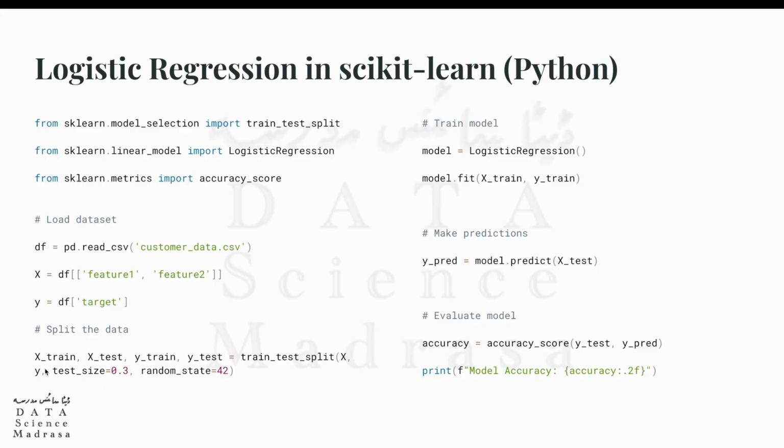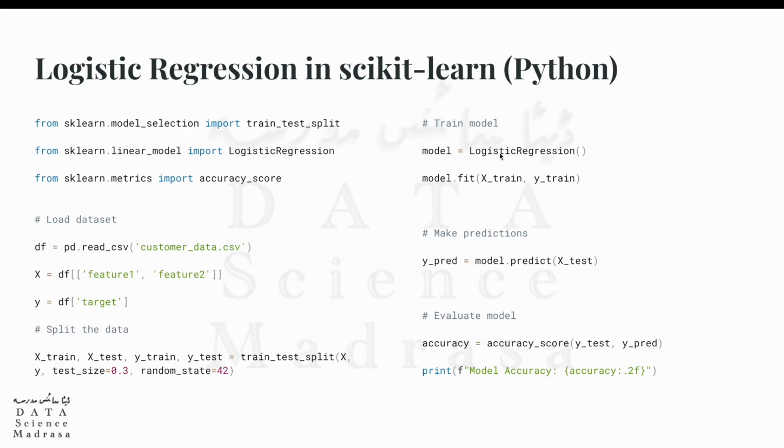We give train_test_split the X and y, and we want it to split into train and test for the X's and train and test for the y's, so that we know what the labels are for features 1 and 2 in y_train and y_test. We give it a test size so that 70% of the original data set is going to go in train and 30% will go into test. And we give it a random state of 42, which is the initialization.